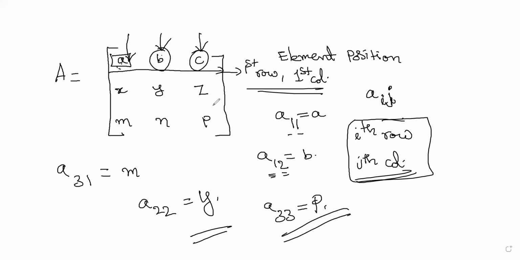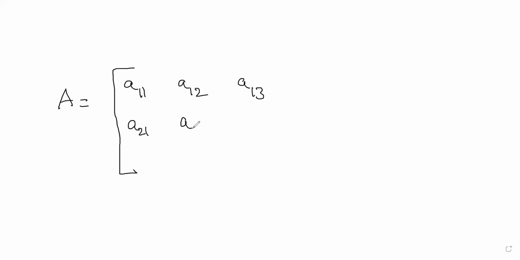Now, this is how we designate the positions. A matrix A will be written like this: A11, A12, A13, meaning first row first column, first row second column, first row third column. Then A21, second row first column, A22, A23.